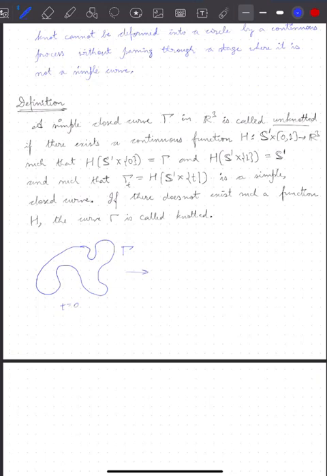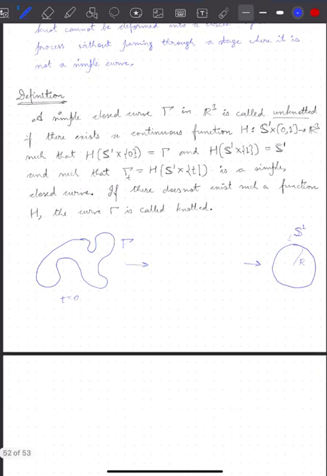And now at the end, say we have a circle of some radius r, of course. And this is what we call S1.